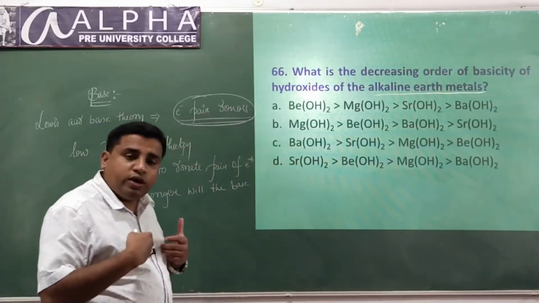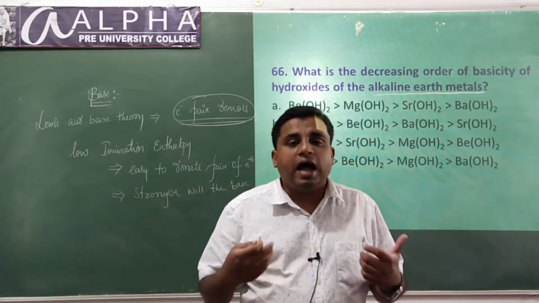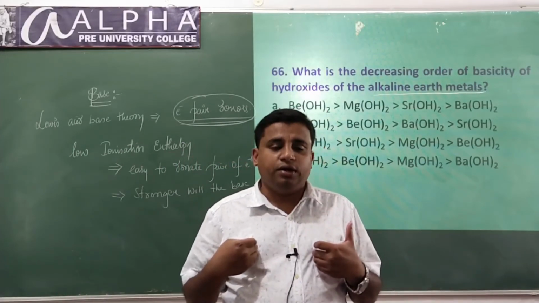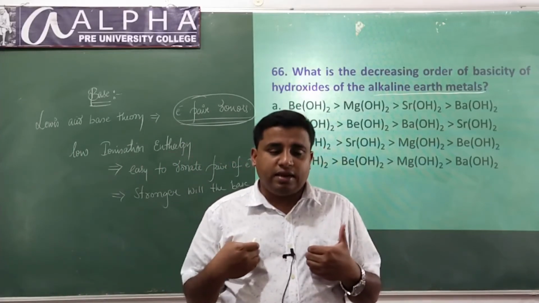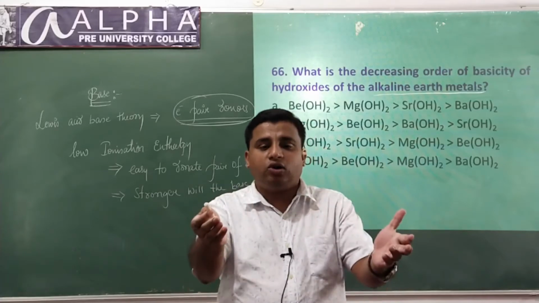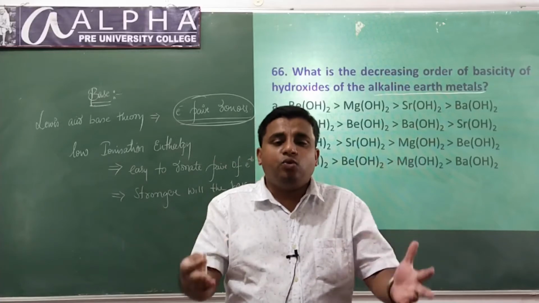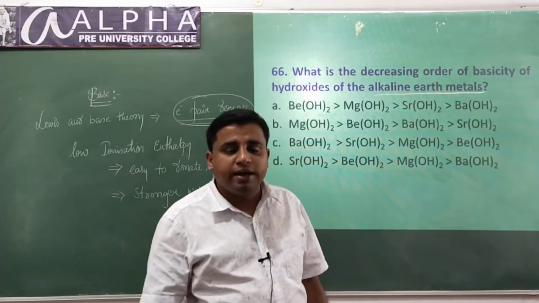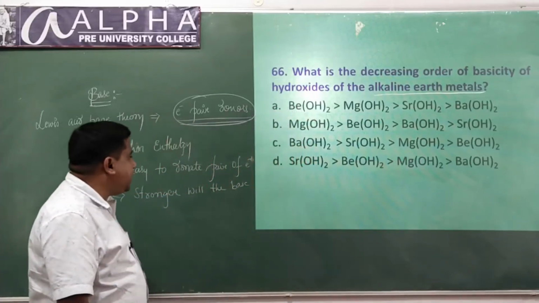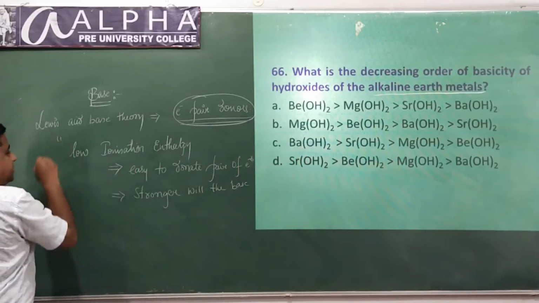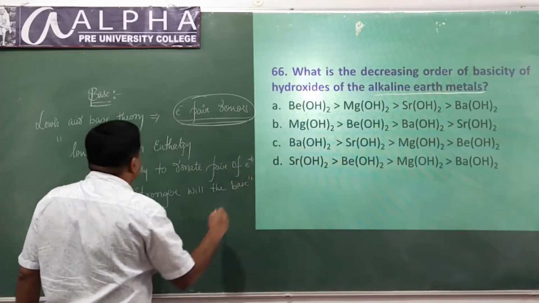So if I have to donate my electron pairs, I should have low ionization enthalpy. Lower the ionization enthalpy, easily I can donate electron pairs. If I donate my electron pairs very easily, then I'm going to be a strong base. Are you getting my point? Please understand this sentence carefully.